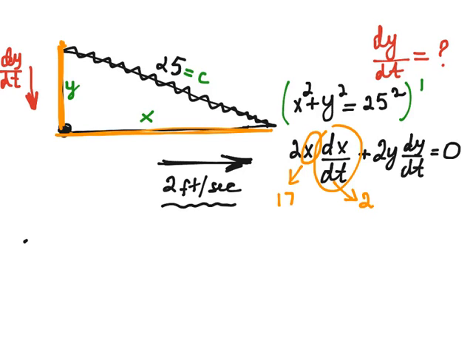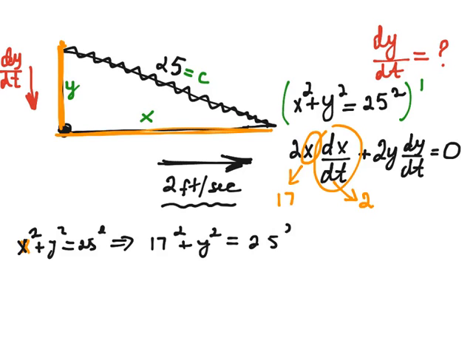So according to the Pythagorean theorem, x squared plus y squared equals 25 squared. Therefore, 17 squared plus y squared equals 25 squared. And if you solve it, it's not a perfect square, so y equals the square root of 336. So I think we are all set.